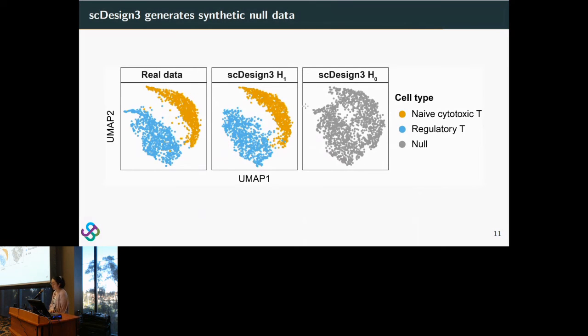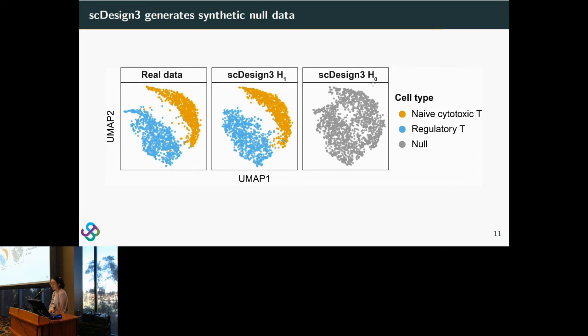And here is how we can generate the synthetic null data using scDesign3. As you can see, for the reference data sets, there are cells from two different cell types. And then one way we can simulate is to keep this difference between the cell types, which could be an alternative hypothesis that the cells actually do come from two distinct cell types.